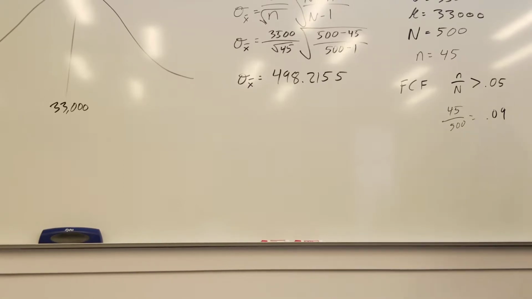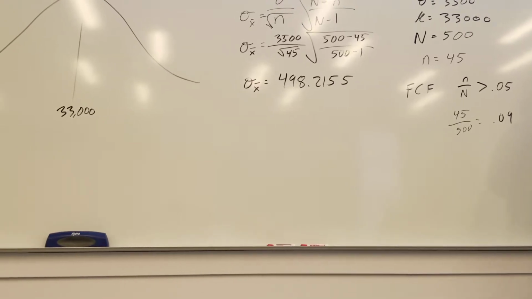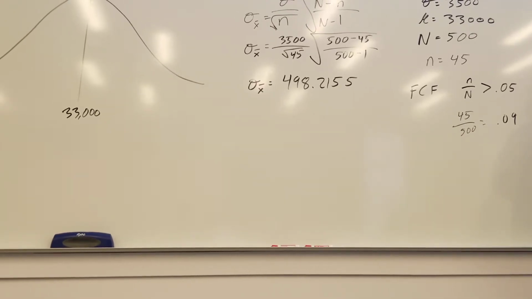So that's our standard error. What do we do next after finding that standard error? Do we round up? I think you want at least 3 decimals. It's either 3 or 4. But since we're talking about dollars, okay.